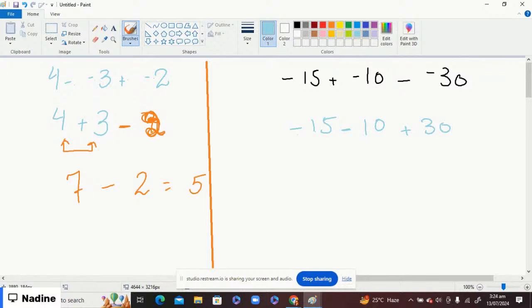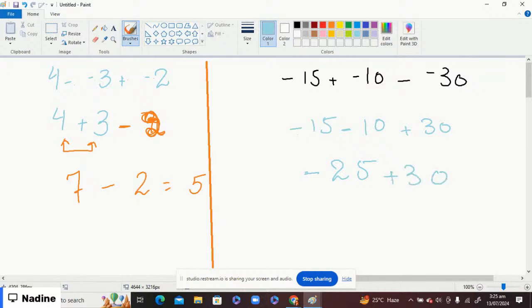So here you are going to add up. So minus 15 minus 10 is minus 25. Why is it minus 25? Because the 15 has a negative sign. Then plus 30 as it is.